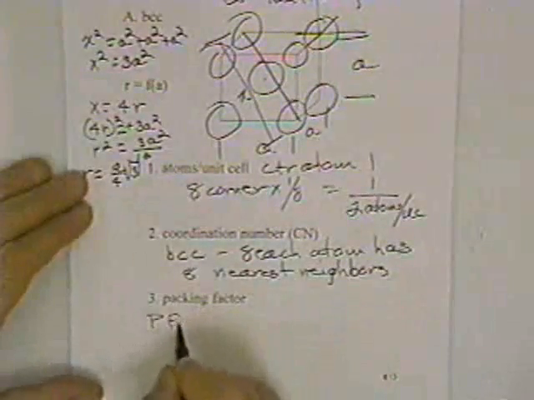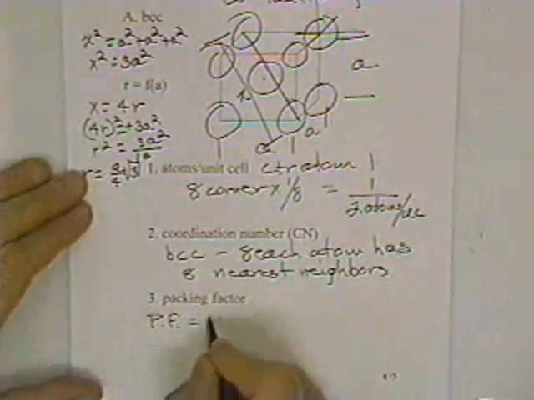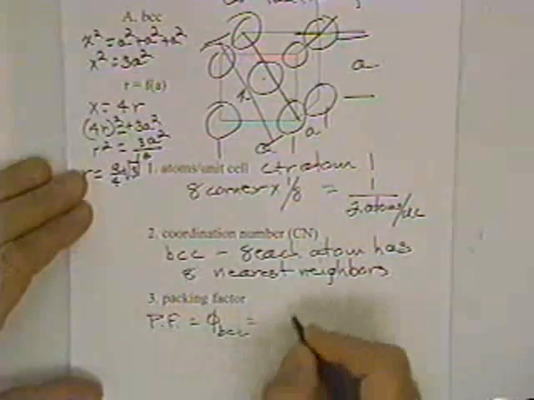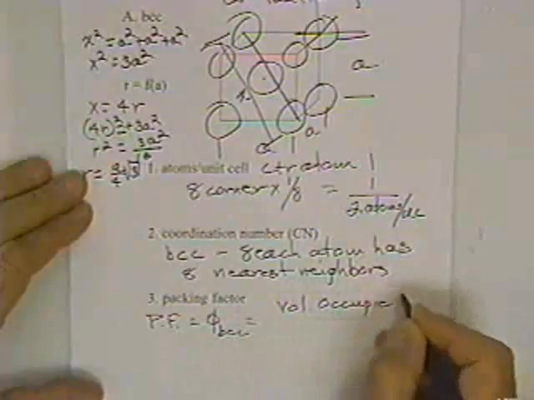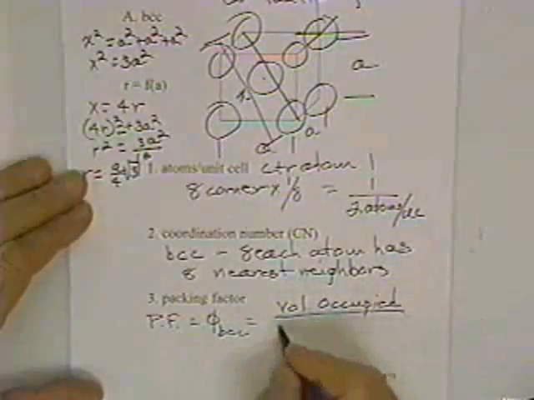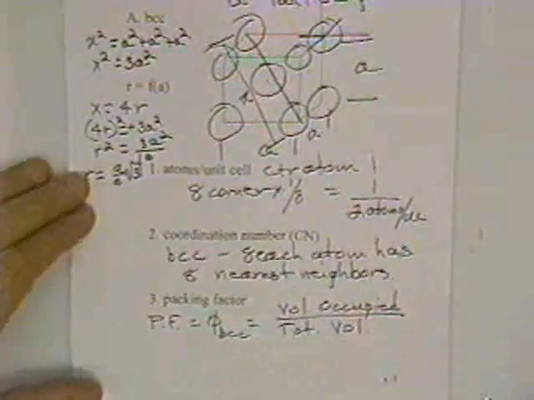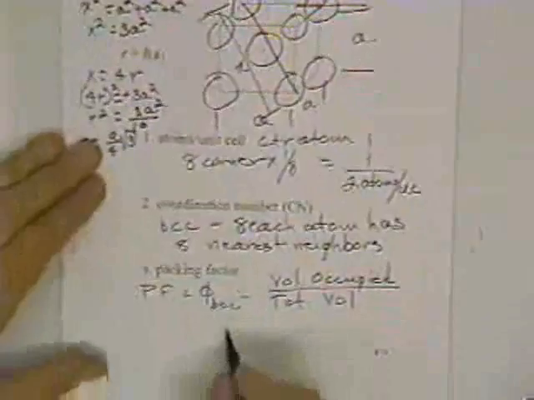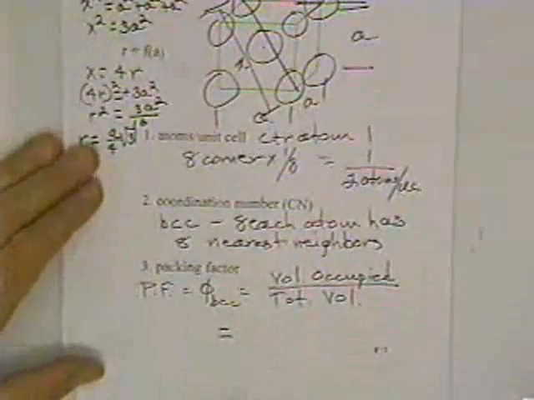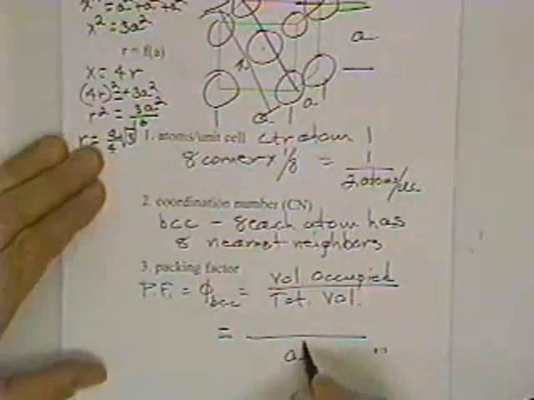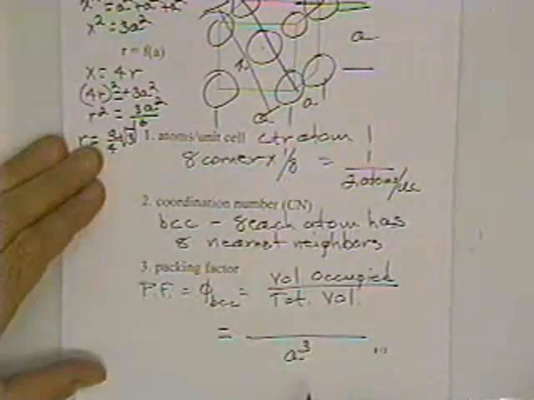The packing factor, PF, or sometimes you see it as phi, is equal to the volume occupied over the total volume. And if we work that out, the total volume is A cubed.